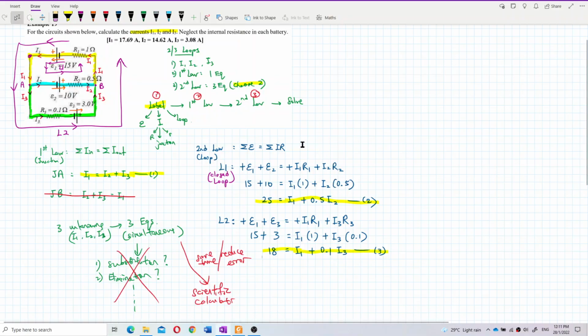Now we are in part 4. We are going to solve it using the scientific calculator.